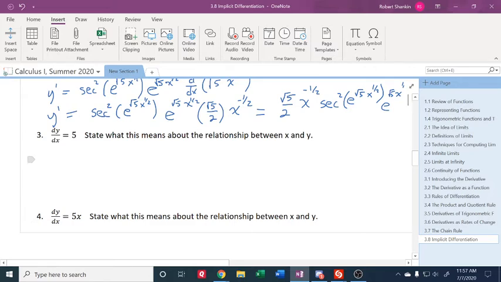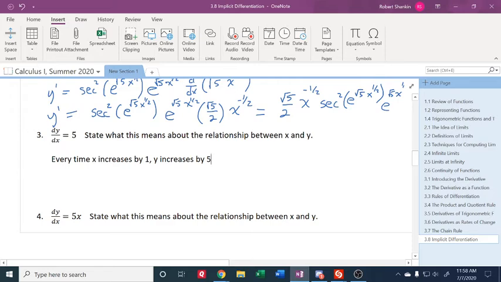So every time x increases by 1, y increases by 5, provided what? It stays on the tangent line. That's right, provided we stay on the tangent line. But now, this particular one, we don't need to put provided we stay on the tangent line, because it's just saying dy dx is equal to 5 all the time.